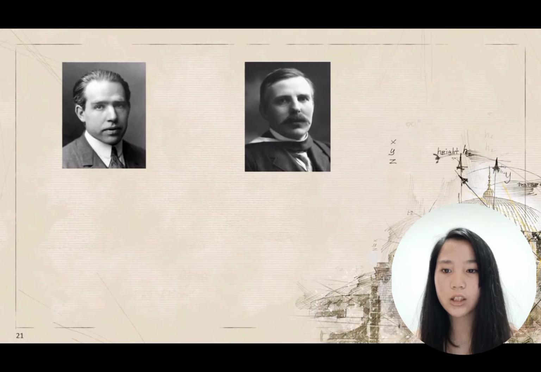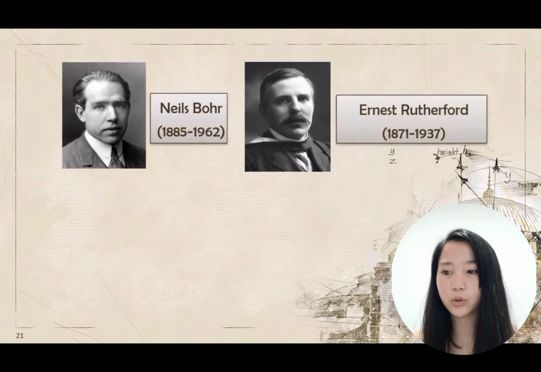The last scientists we have are Niels Bohr and Ernest Rutherford. Those two contributed to the models of atoms. Niels Bohr's atomic model looks like the solar system model, while Ernest Rutherford's atomic model is like the one in the GMA Network's logo, if you can imagine that.